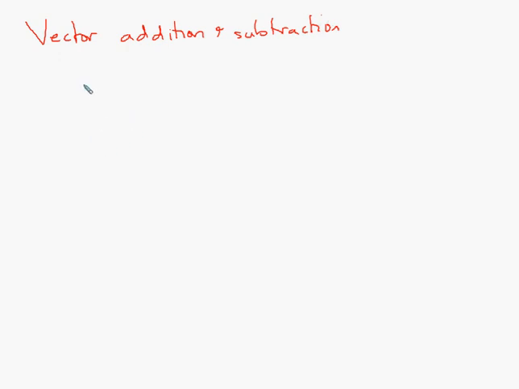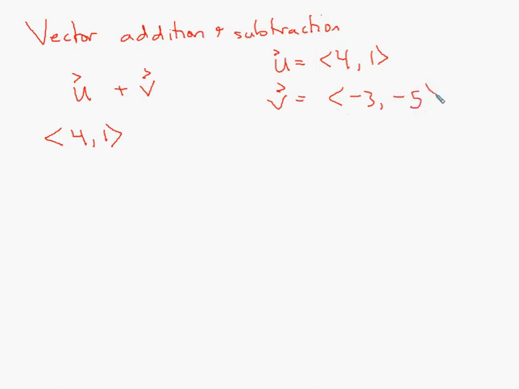Yep. So vector addition really isn't that bad. If I want to add vector u to vector v, it could be vector a, vector b, it doesn't matter. I really just add their pieces. So if I had 4, 1 as vector u, and let's say vector v is -3, -5.